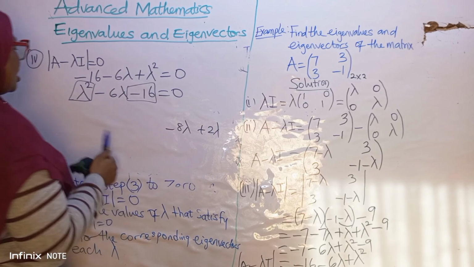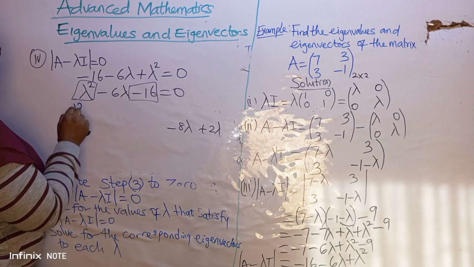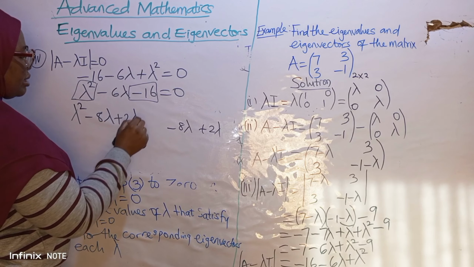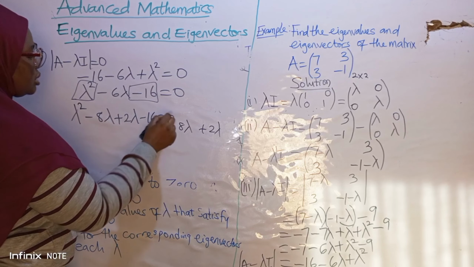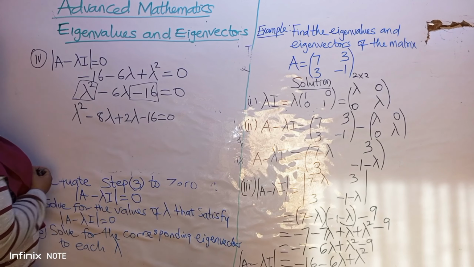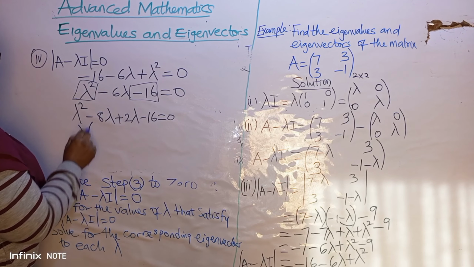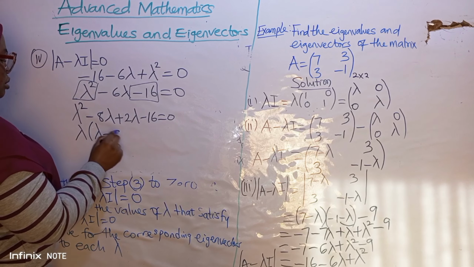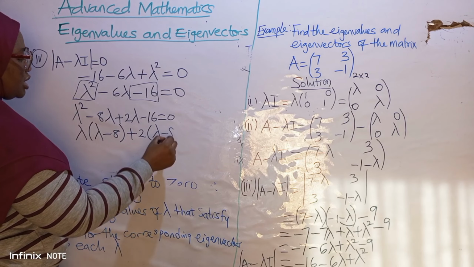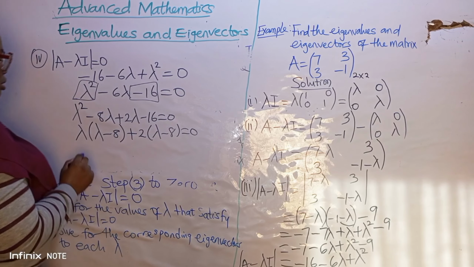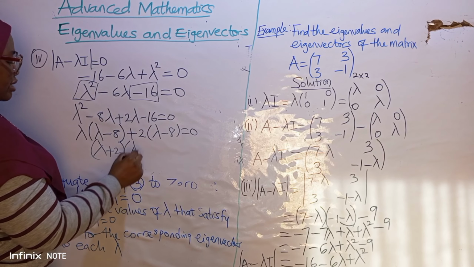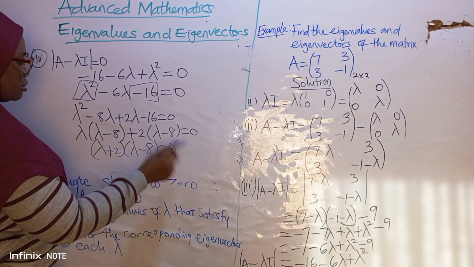So from here, my lambda squared minus 8 lambda plus 2 lambda minus 16 is equal to 0. So here I have lambda into brackets lambda minus 8, plus 2 into bracket lambda minus 8 is equal to 0. So from here I have lambda plus 2 into bracket lambda minus 8 is equal to 0.